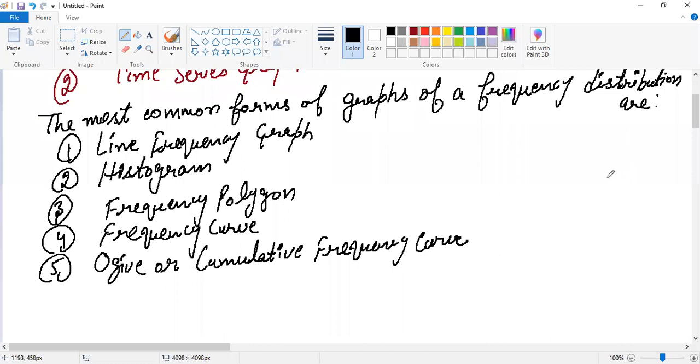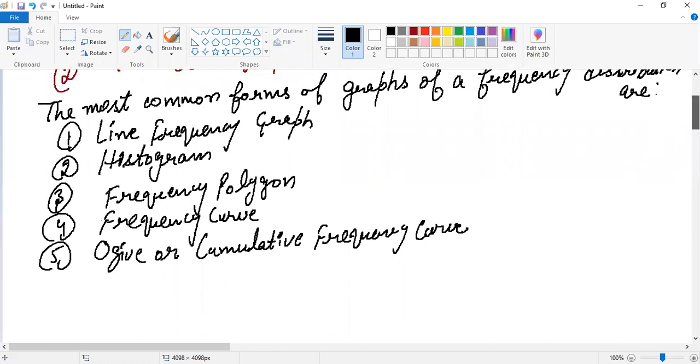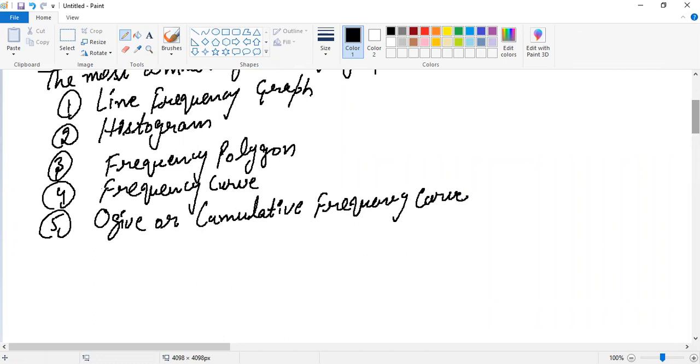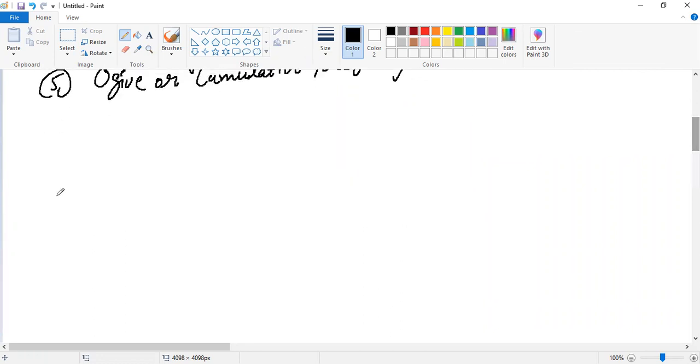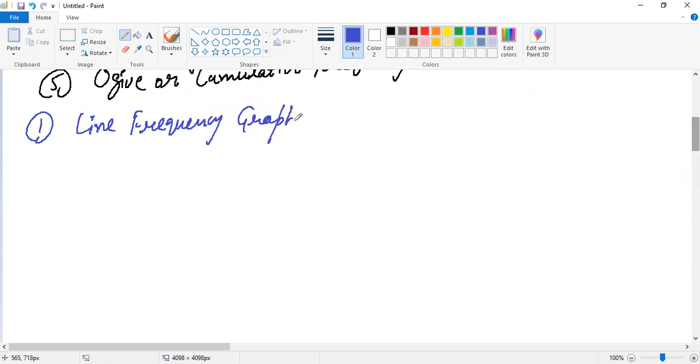Okay, students. So today we will discuss our line frequency graph and histogram. First is line frequency graph. Such graphs are used to depict discrete series.